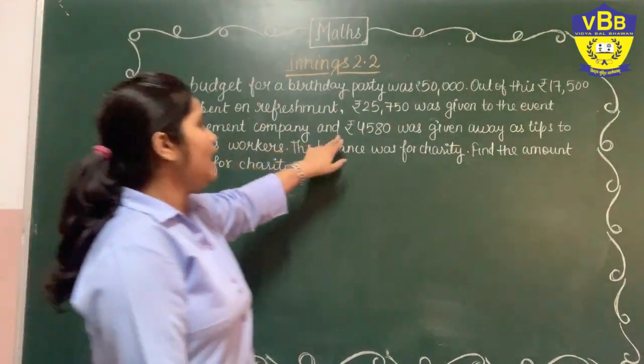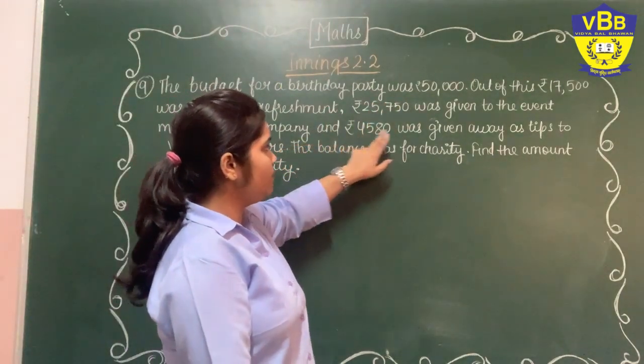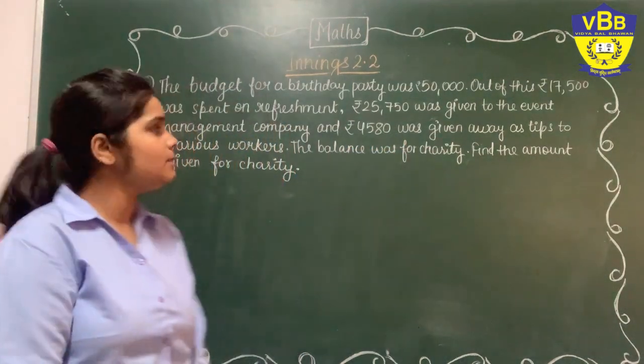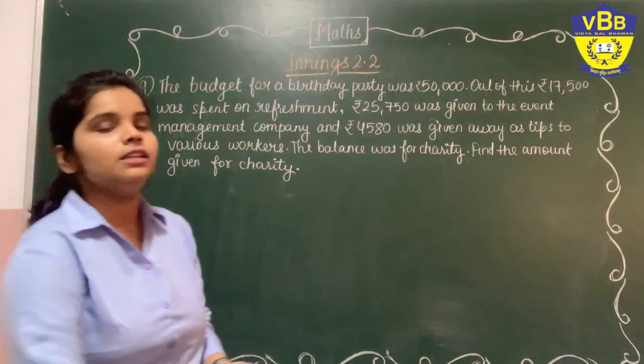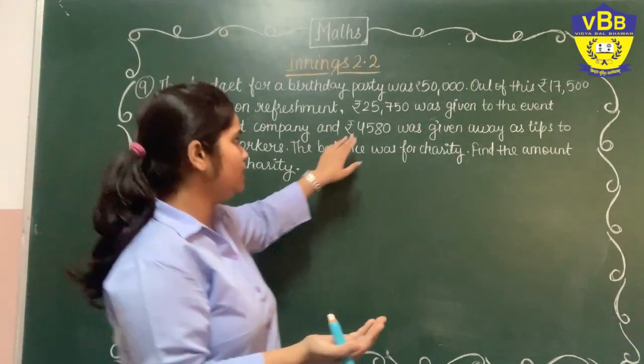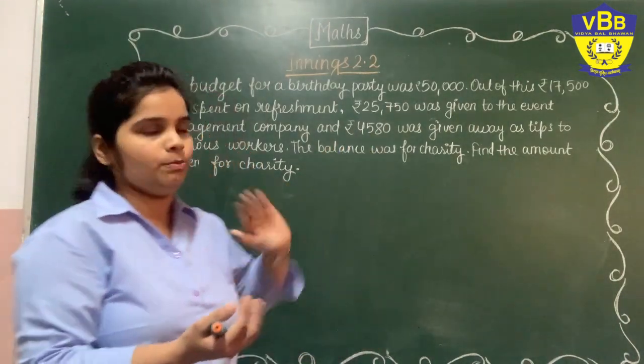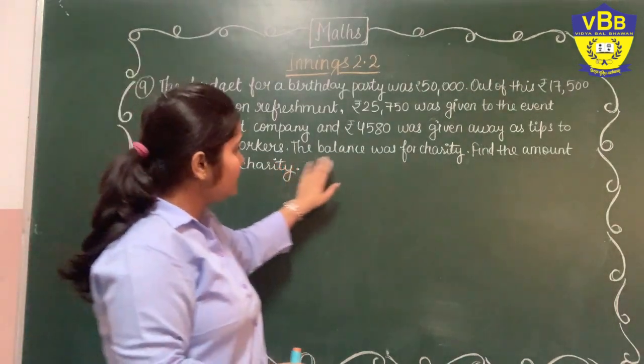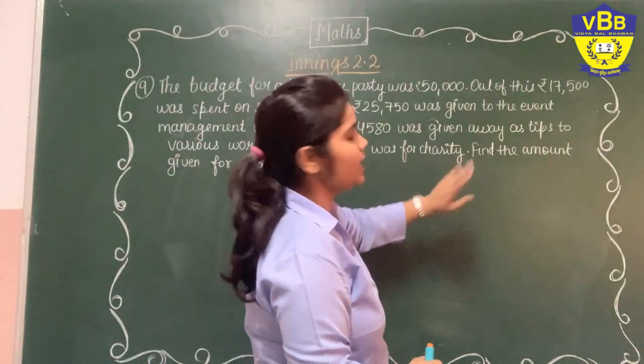And 4,580 was given away as tips to the various workers. Some of these workers are working very well, so the tips given are 4,580 rupees. The balance was given for the charity.